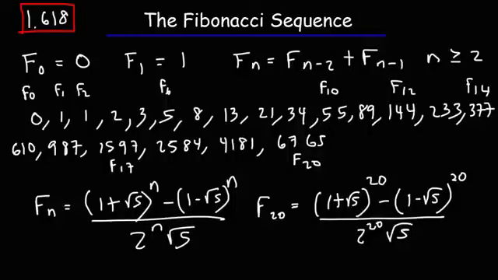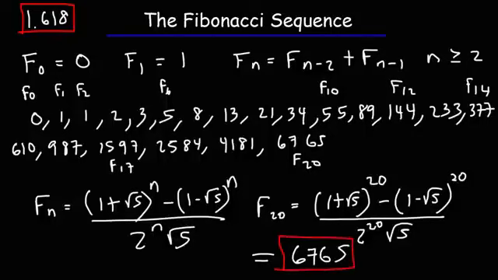Now, you could use a scientific calculator to get the exact answer. But for those of you who don't have it, you may have to use some decimal numbers. So once you type it in correctly, you should get 6765. And it gives you the exact value.